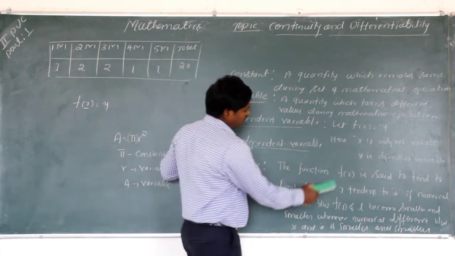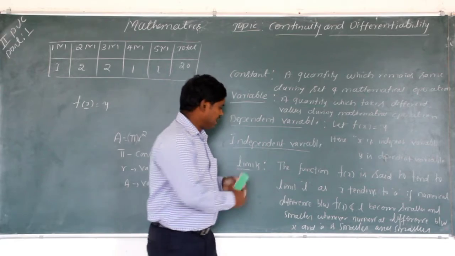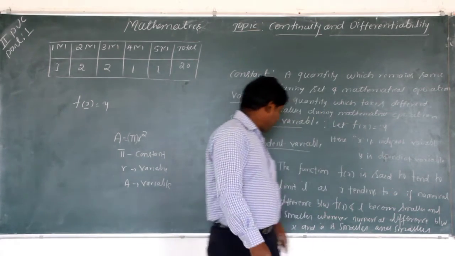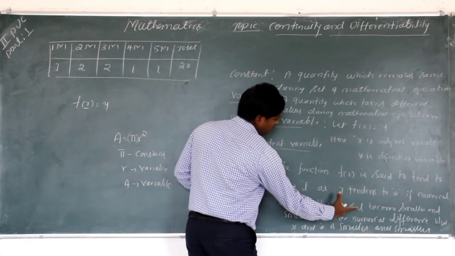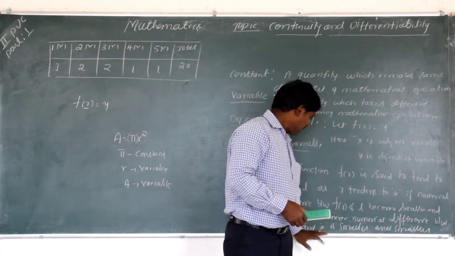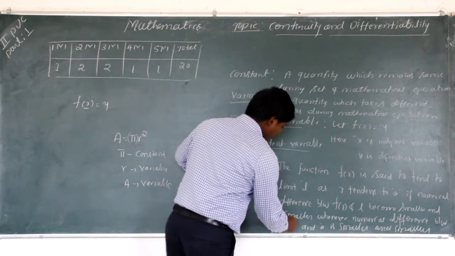The function f of x is said to tend to limit L as x tends to a, if the numerical difference between f of x and L becomes smaller and smaller whenever the numerical difference between x and a is smaller and smaller.